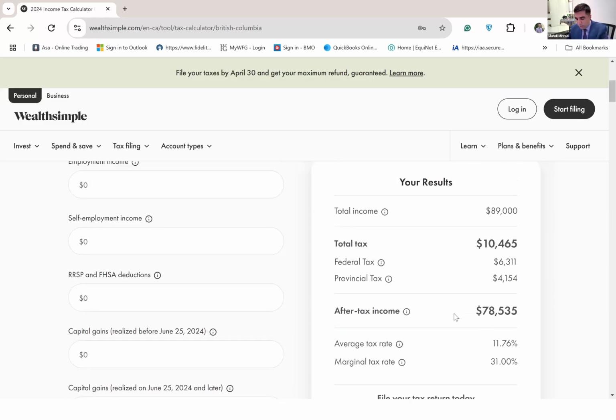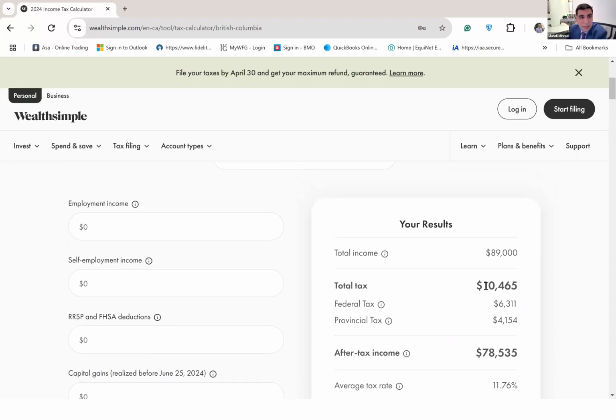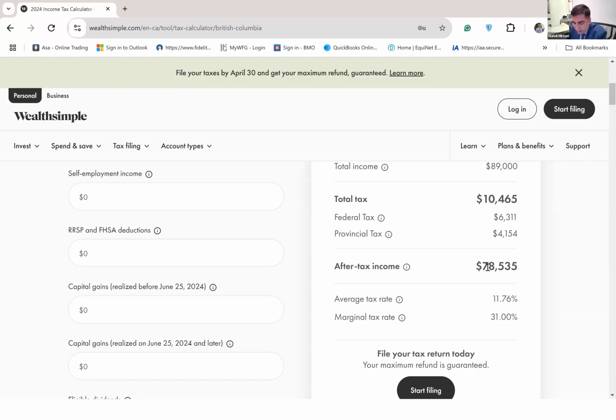So how much is the total tax? $10,465. How much is the CPP? 0. So in general, they're going to take home $78,000.